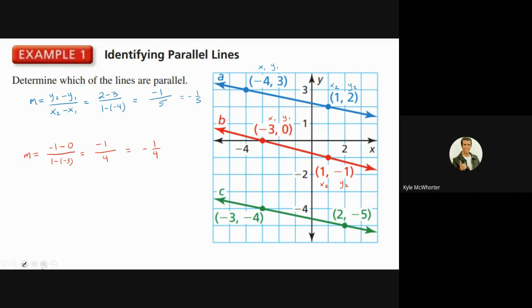And then let's find the slope of the green line. If we say x1, y1, x2, y2, then y2 minus y1 will be negative 5 minus negative 4.